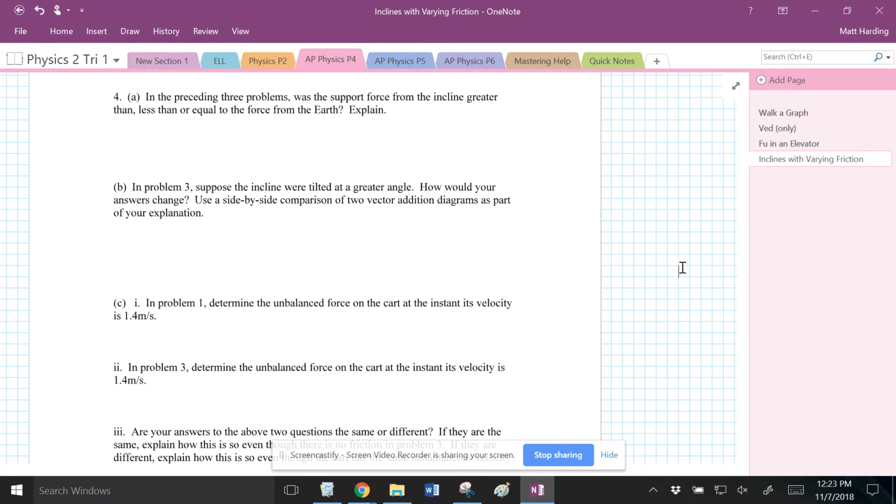Okay, so what was our acceleration? 3.38. Okay, so negative 3 meters per second over the time.